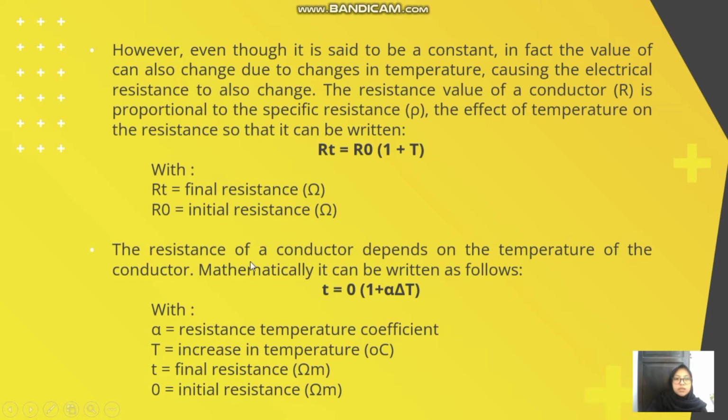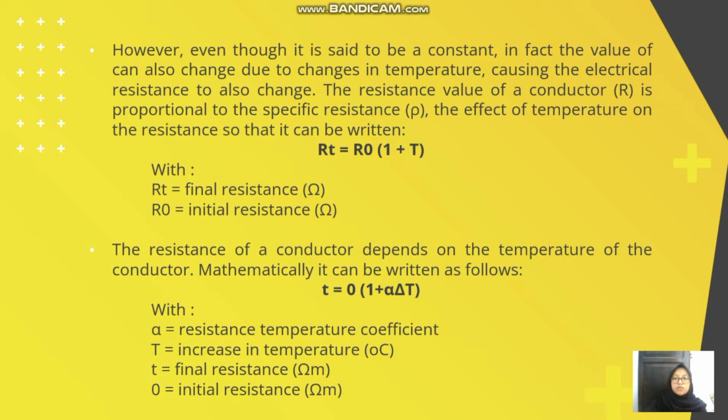And then however, even though it is said to be a constant, in fact the value can also change with the change in temperature, causing the electrical resistance to also change.